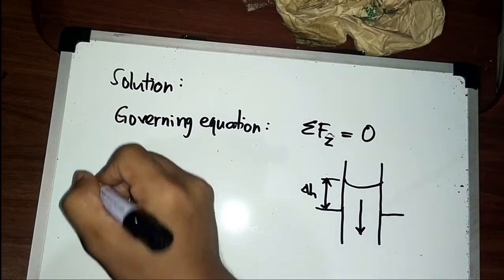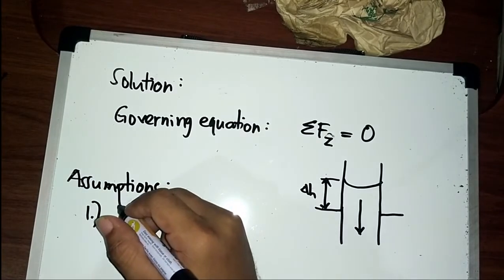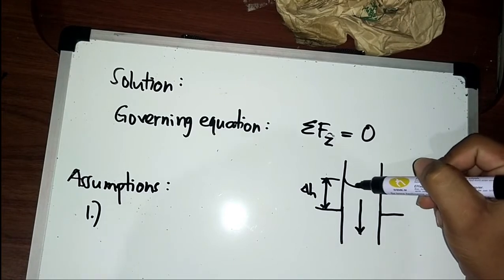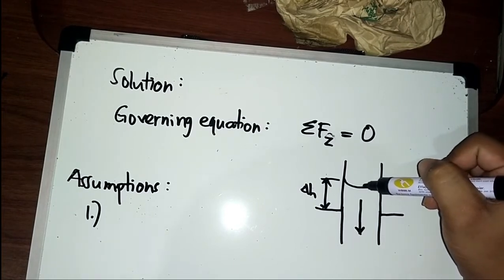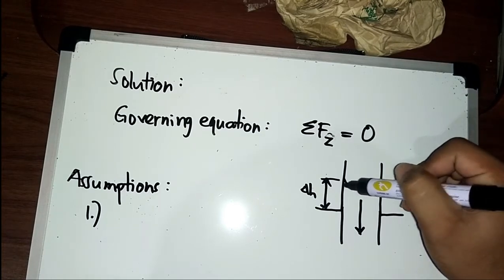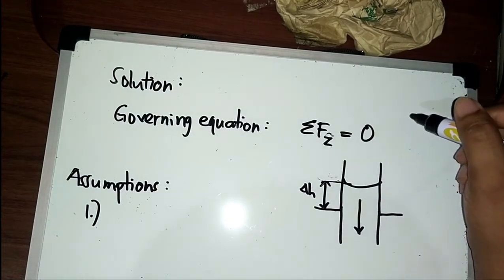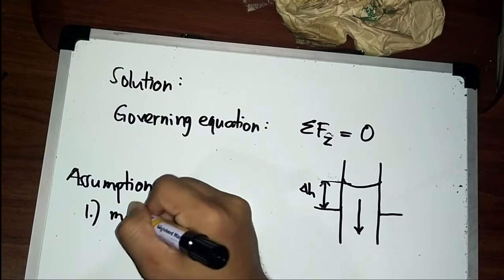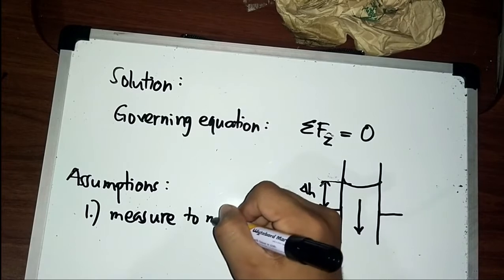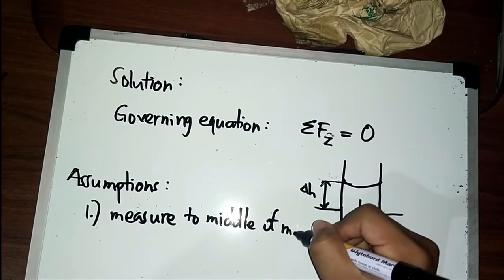Okay, so we have assumptions. Number 1, we will assume to measure the height at the center of the meniscus, so we will measure to the middle of the meniscus.